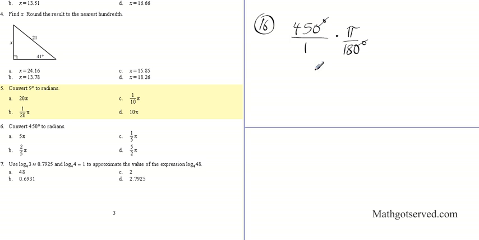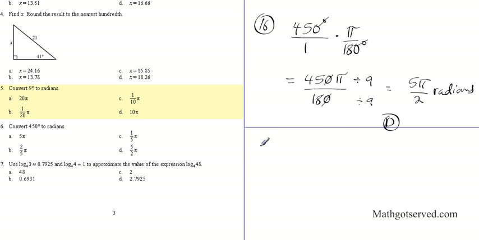And then we'll have 450 pi over 180. Okay? The zeros can be cancelled out by dividing by 10, then divide by 9 top and bottom. And that yields 5 pi over 2 radians. Okay? So the answer to number 16 is D.